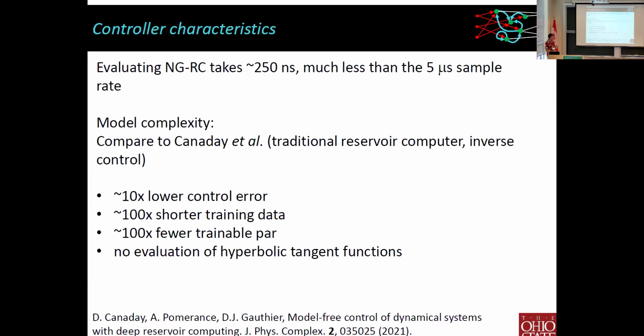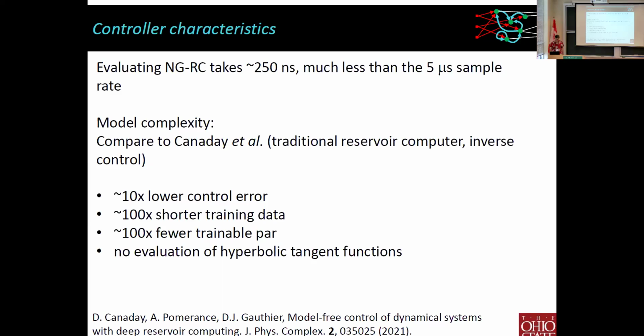And then my group published a paper a few years ago on trying to use a traditional reservoir computer for doing it, and using a slightly different control technique known as inverse control. In our current work, there's a lot less training data, fewer parameters, much faster evaluation, so on and so forth. No hyperbolic tangent functions, which are expensive to evaluate on an embedded device.